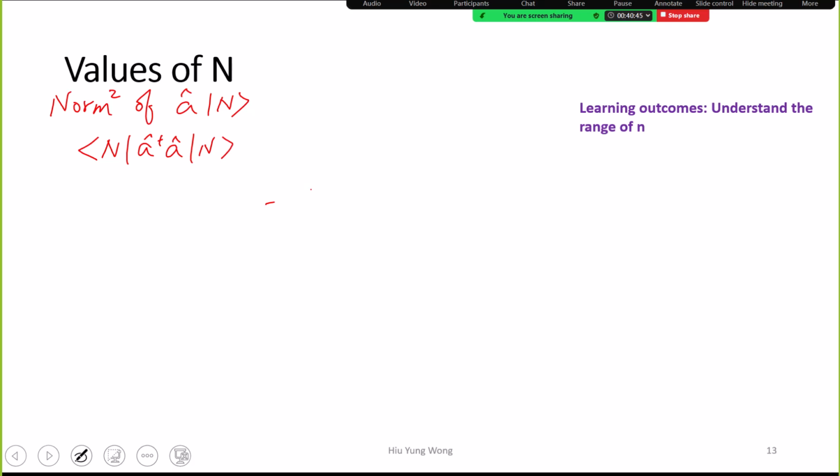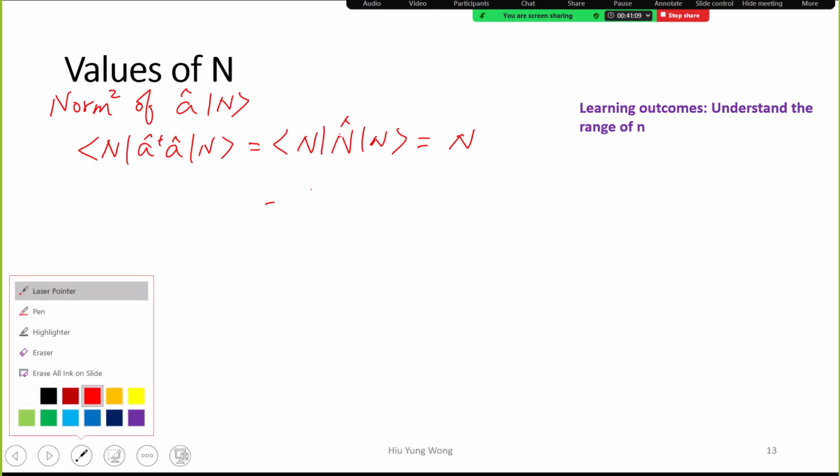We just studied this, right? So I'm just repeating what we said, and this equals ⟨n|N̂|n⟩, which is equal to n. Because a†a equals N̂, and N̂ acting on the eigenvector gives n, and then ⟨n|n⟩ is 1, so this is just n. We know that already, right? This is the norm, but we know that.